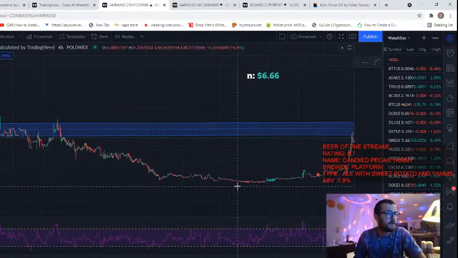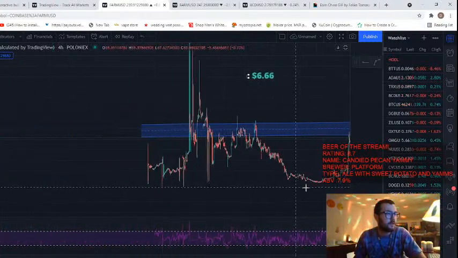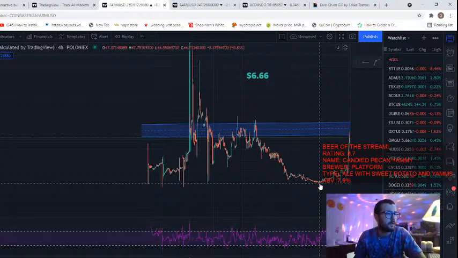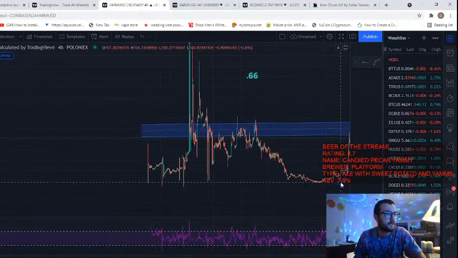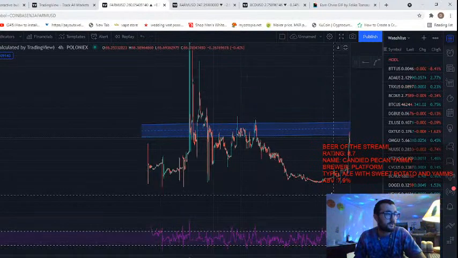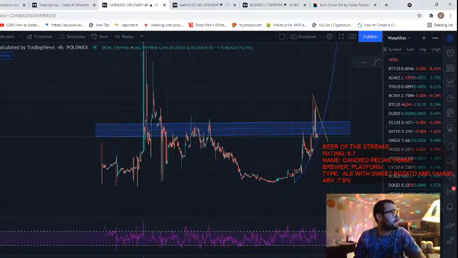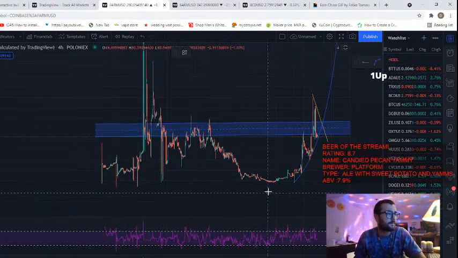So it did make its low here about June 28th, 2021, and then it made a second low July 21st, 2021. So one bottom, second bottom, then she goes. That's how it works, not always, but most of the time.